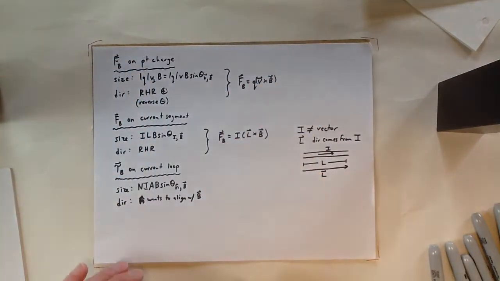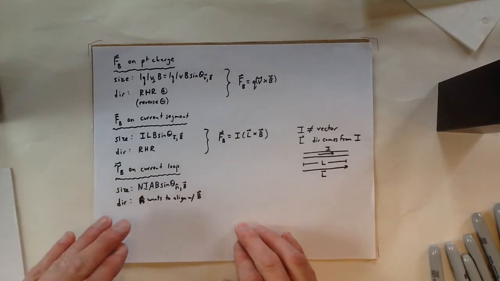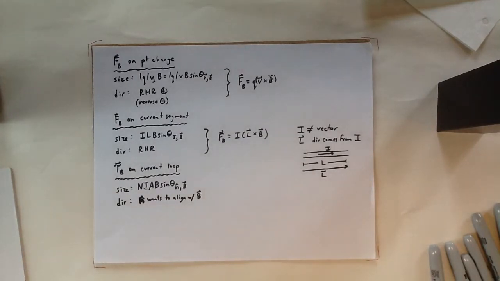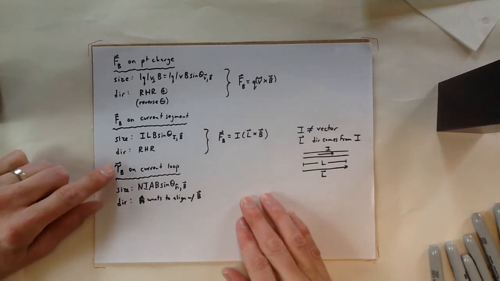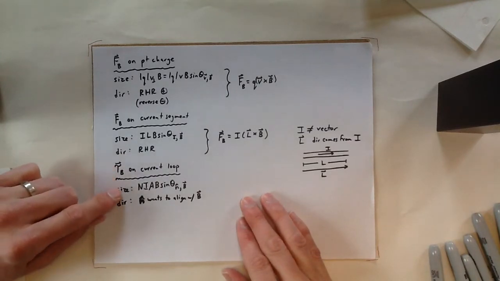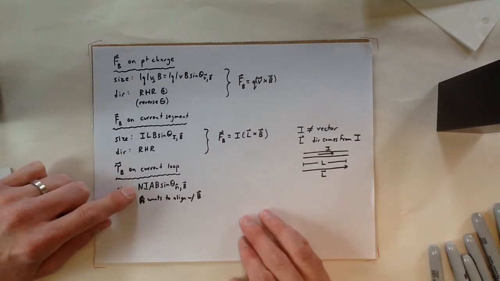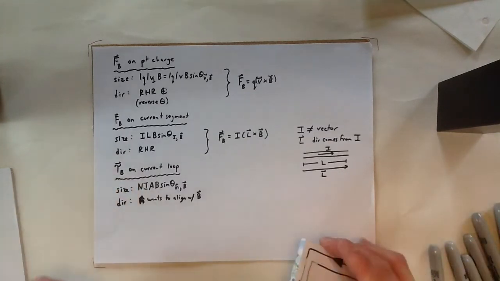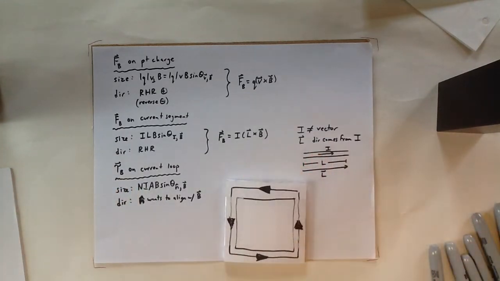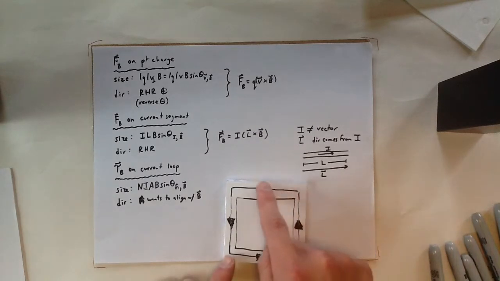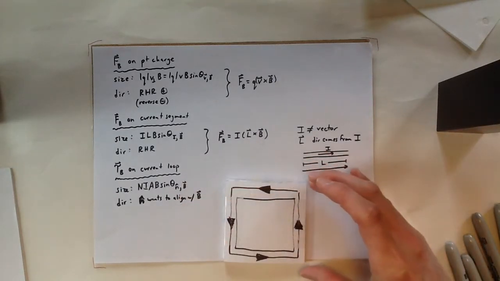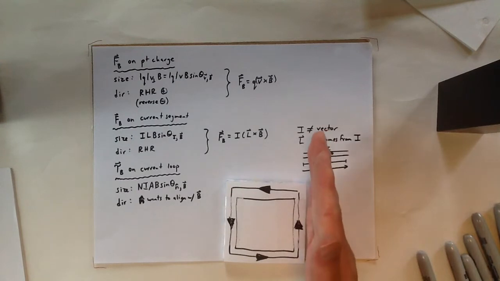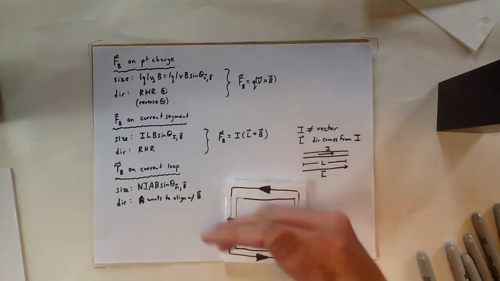Moving on to the final thing, really the main thing where there are some holes in the previous videos that I want to talk about, which is torques on a current loop. This is just to summarize what was in there. If you have a current loop, something like this, it has a current I in it. It has an area A. This is a rectangle, so you get the area just by multiplying length times width.